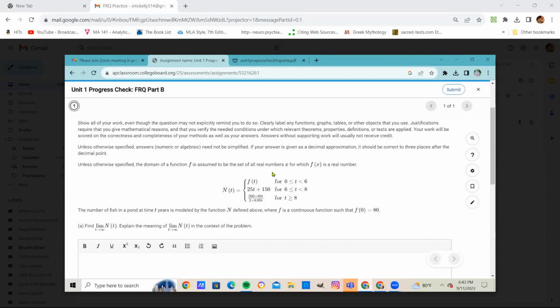Let me ask you this question. Focus on the denominator here. What happens when t gets larger?